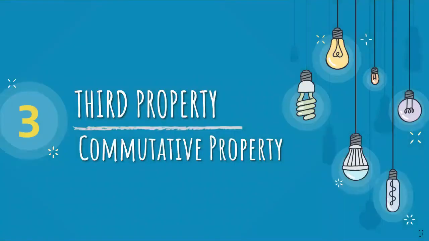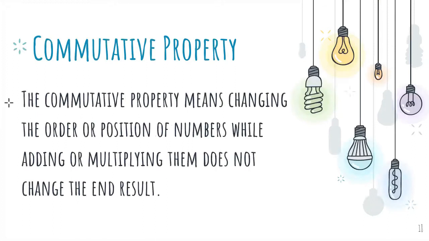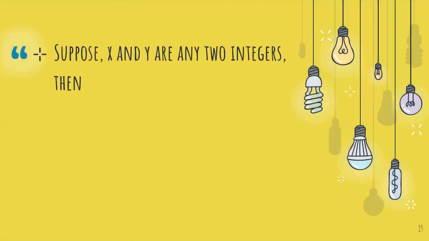Third property, commutative property. The commutative property means changing the order or position of numbers while adding or multiplying them does not change the end result. So if we have x and y to be two integers, then x plus y would be equal to y plus x, and x into y would be also equal to y into x.